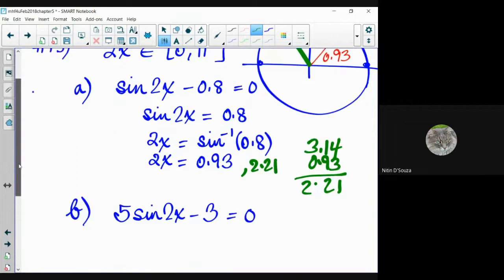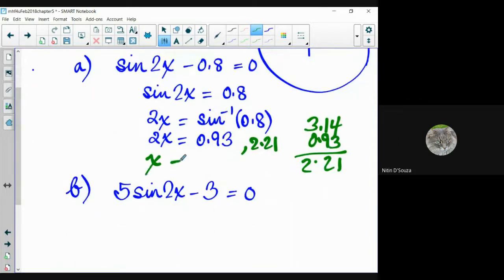For x, you would divide both of them by 2. So for 13, it's all calculator answers because they're not asking you for exact value. So that's the only key thing that you have to pay attention to. Is it exact value or is it approximate? Okay.